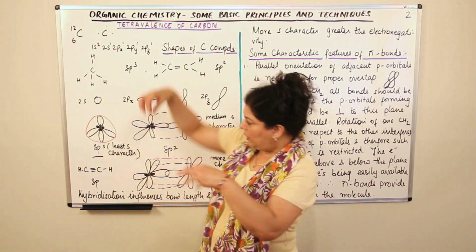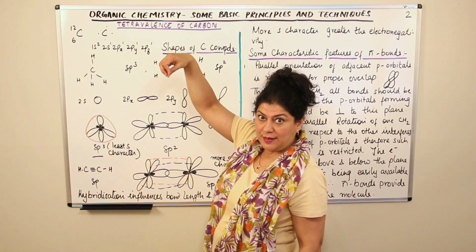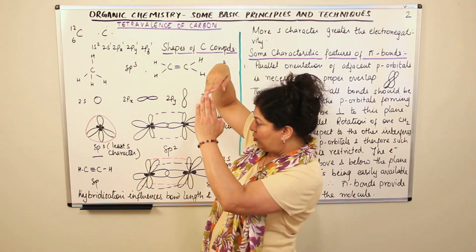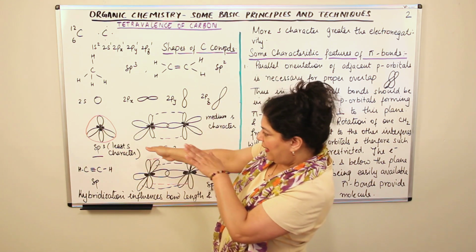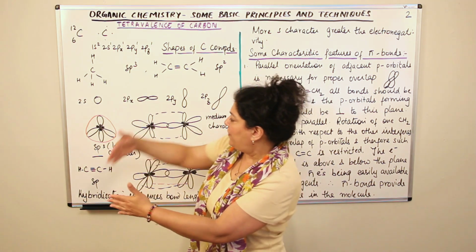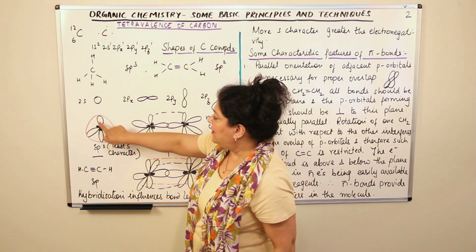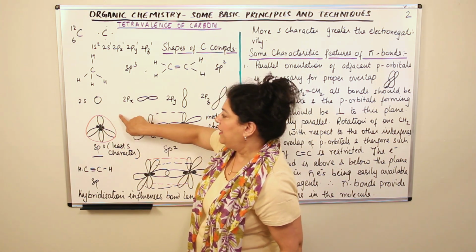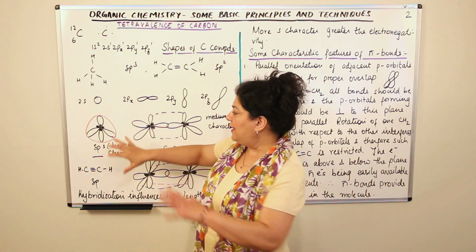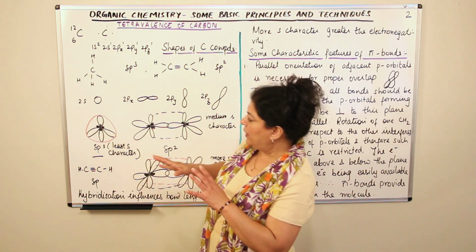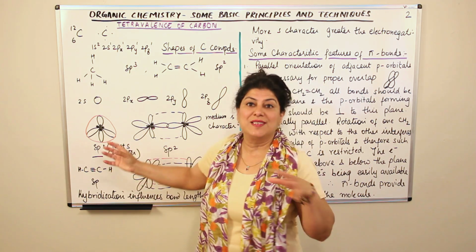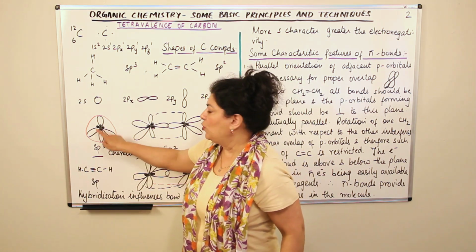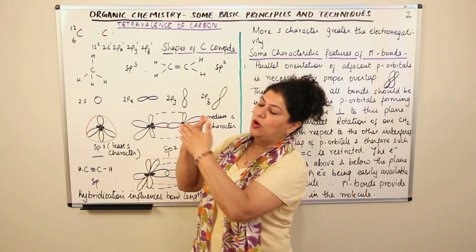On the top of the ball is one point, that is the angle, the tip of that orbital. This one is on that side going behind the board, and these 2 are coming in front of the board. Only this one bond is in the plane of the board. And in the sphere, one of these is going to the back and 2 of these are coming to the front, but all of them have the same angle. And the smaller lobes are obviously along the same line.